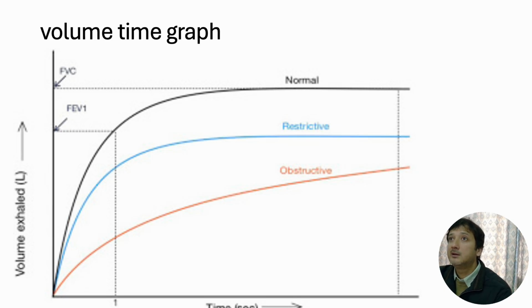Then, if a patient is suffering from obstructive disease, he is not able to expire as much due to obstruction. So the FEV1 will be less. In 1 second, you can see previously it was high, now it's very low. In restrictive diseases, usually the vital capacity will change.